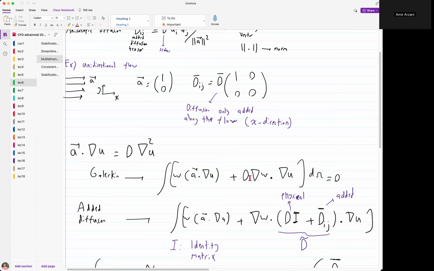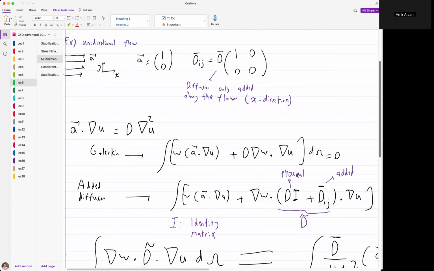So if I take D times I, the identity matrix or tensor, plus my new artificial diffusion tensor, I'm going to get my modified diffusion coefficient, which I'm going to call D tilde. So my weak form looks exactly the same, but instead of D, I have D tilde, defined as a combination of the physical diffusion plus added artificial diffusion.